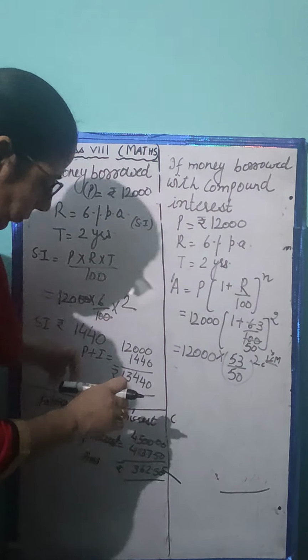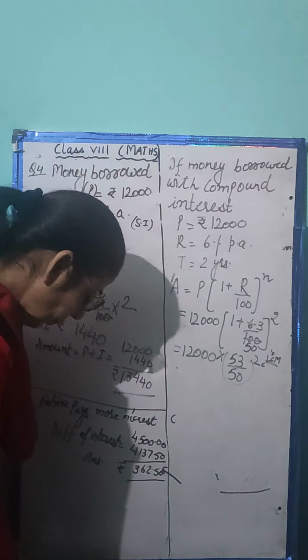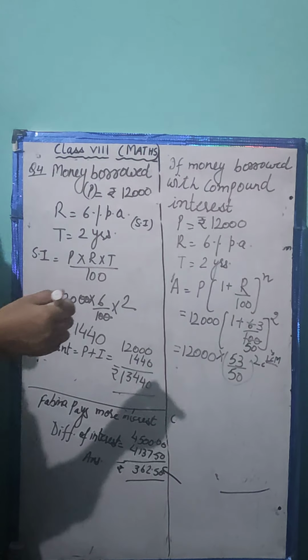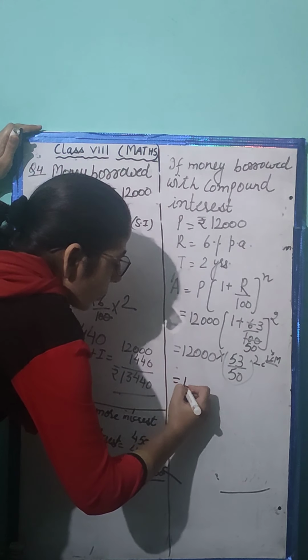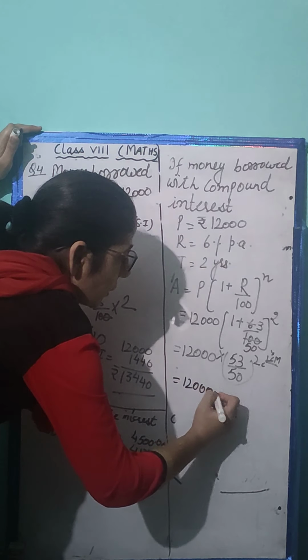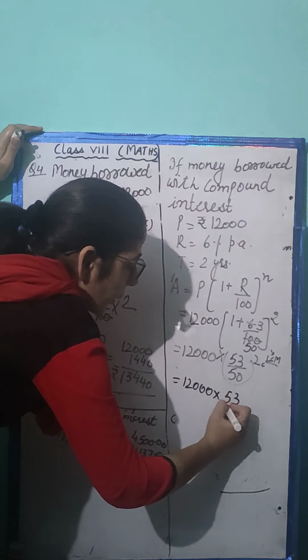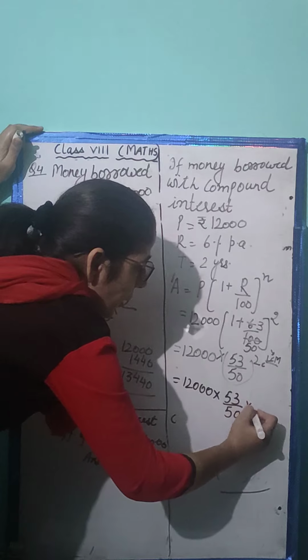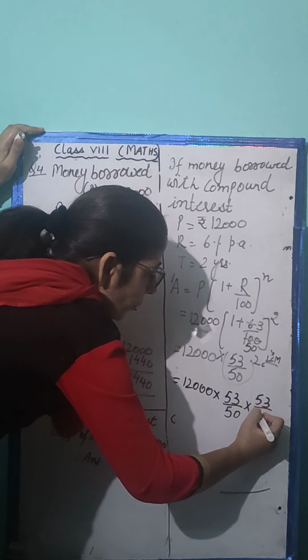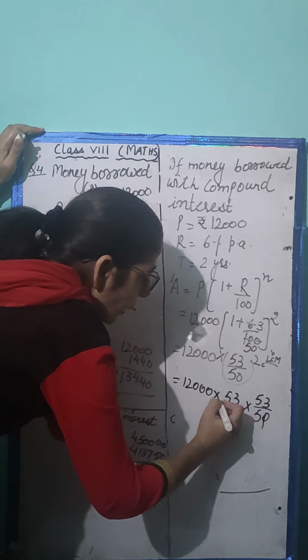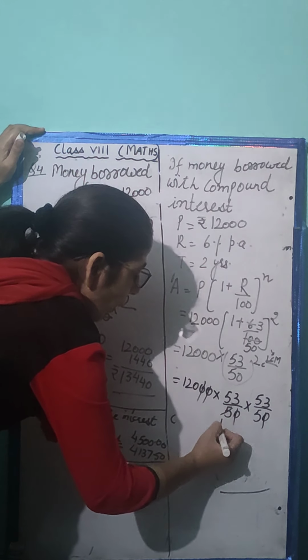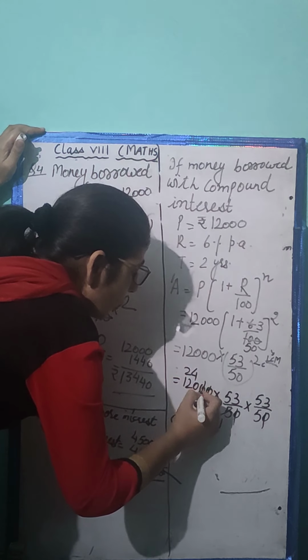Right? Now, next step, we will be solving it. What will be there? 12,000 into 53 by 50, 53 by 50. 2 zeros will cancel here. 5 2s are 10, 24.